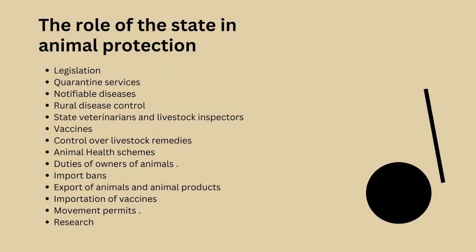The role of the state in animal protection. Legislation. Quarantine services. Notifiable diseases. Rural disease control. State veterinarians and livestock inspectors. Vaccines.